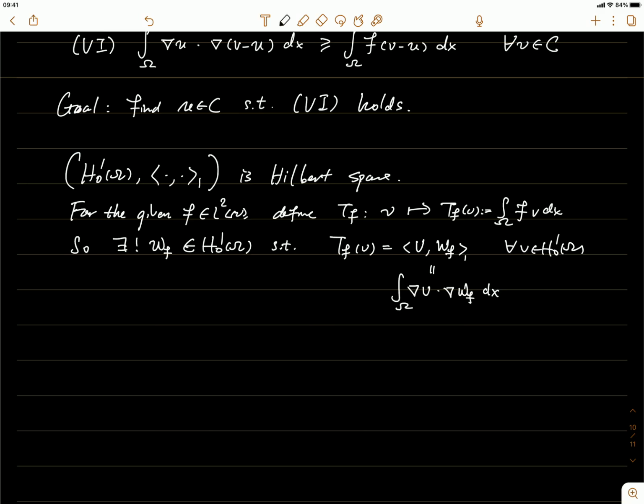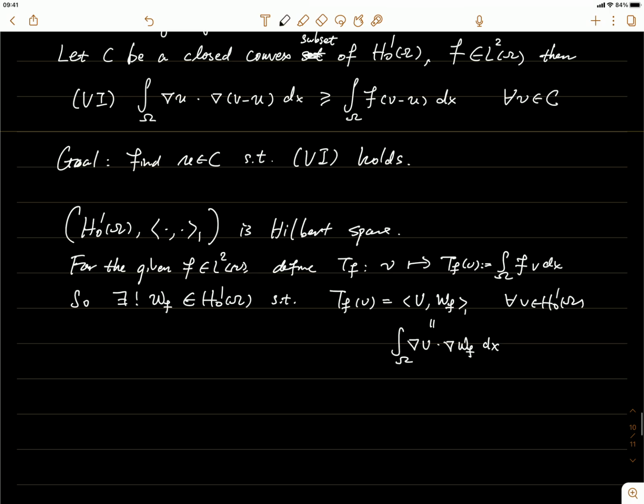Okay, so with that, we recall the variational inequality here. We know that this right here is nothing but just Tf of v minus u, right?